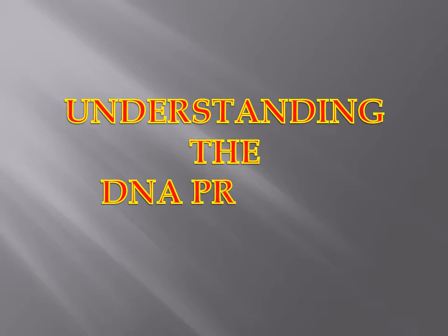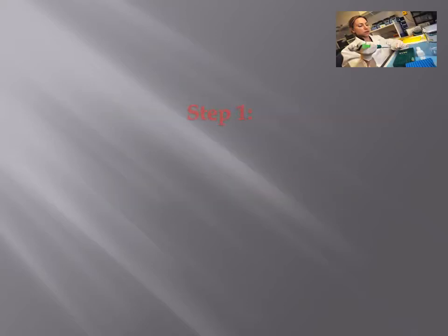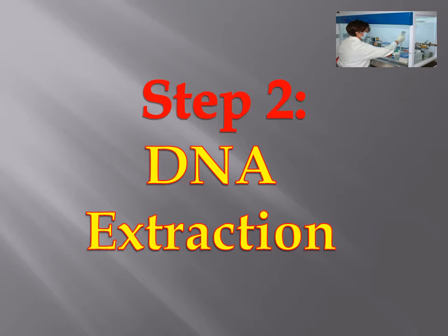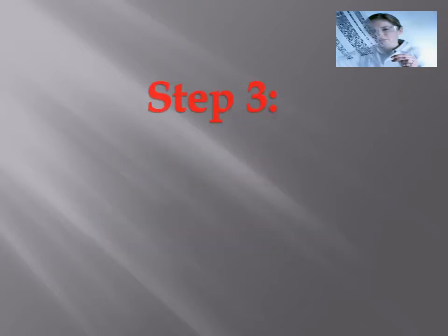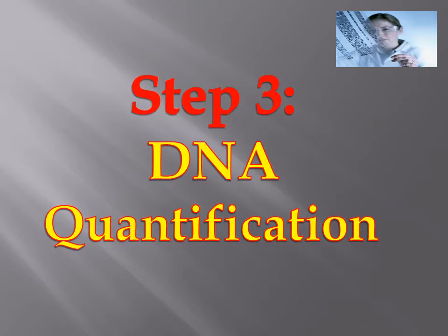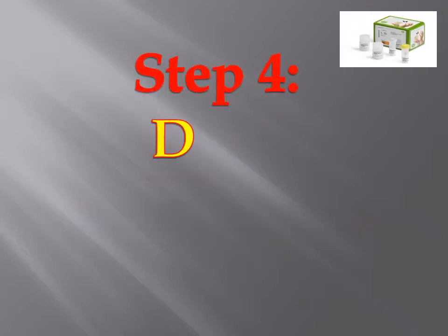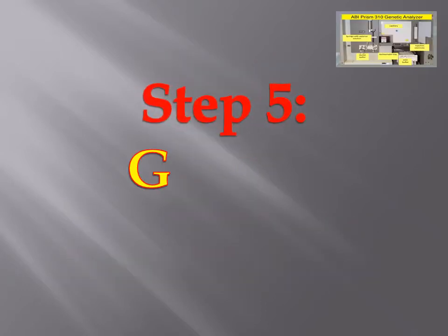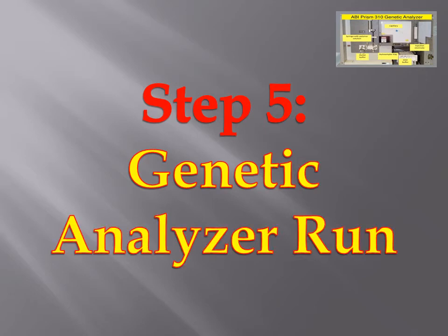Understanding the DNA process of how DNA testing is conducted. Step 1, DNA digestion. Step 2, DNA extraction. Step 3, DNA quantification. Step 4, DNA PCR amplification. Step 5, genetic analyzer run.